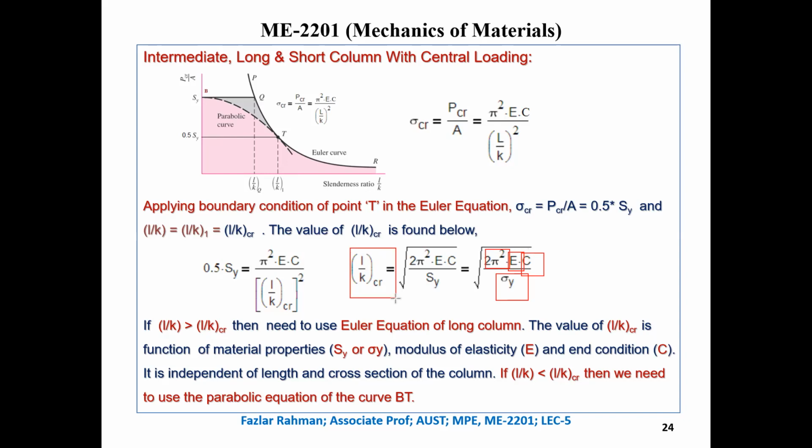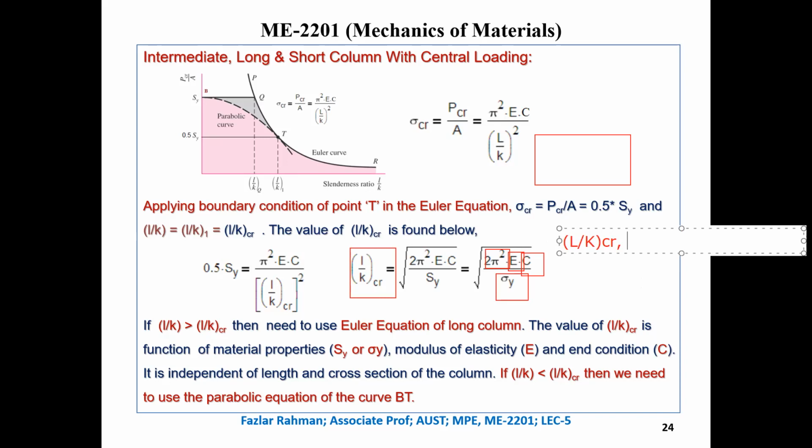So now, coordinate of point T, what is coming now? Coordinate of point T is coming X. What is my X axis? L by, one second, let me take the text. So it will be L by K critical. This is my X coordinate, comma Y coordinate. So what is the Y coordinate? 0.5 SY.